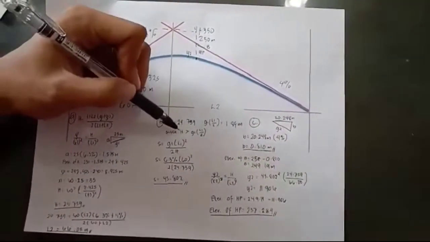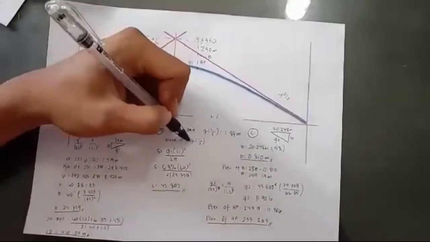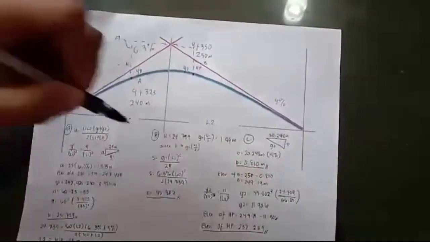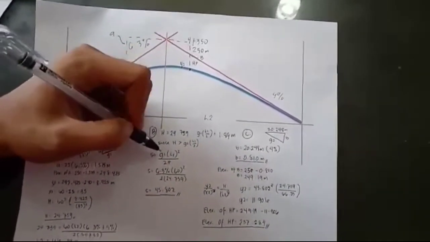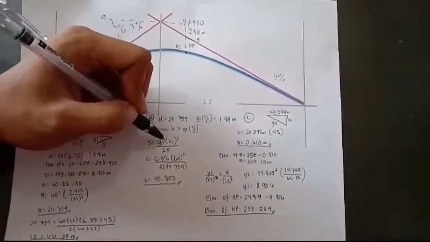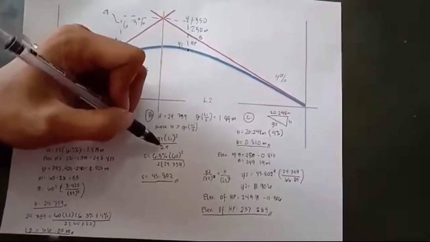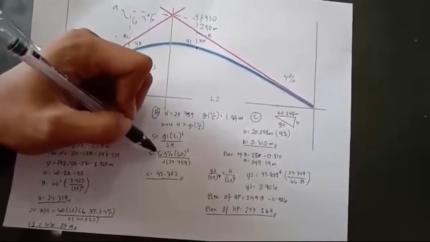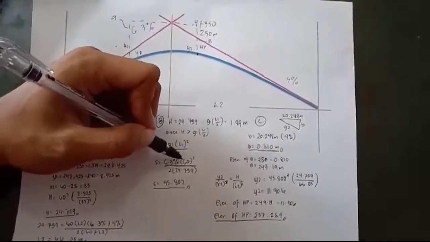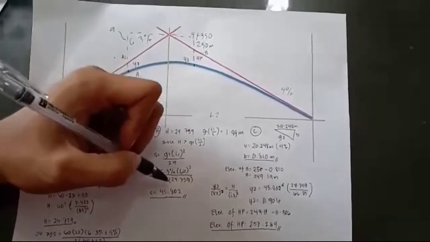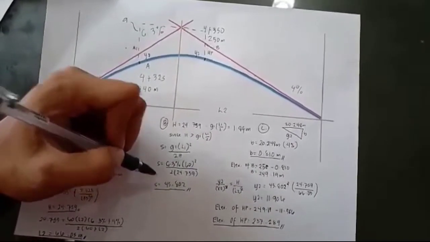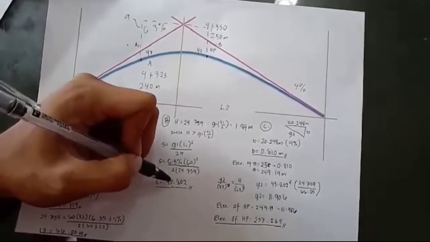So since H is greater than G1 multiplied by L1 over 2, our solution is S1 is equal to G1 multiplied by L1 squared over 2 multiplied by H. So S is equal to 6.3% multiplied by 60 squared over 2 multiplied by 24.759. So we get the S. So S is equal to 45.802.